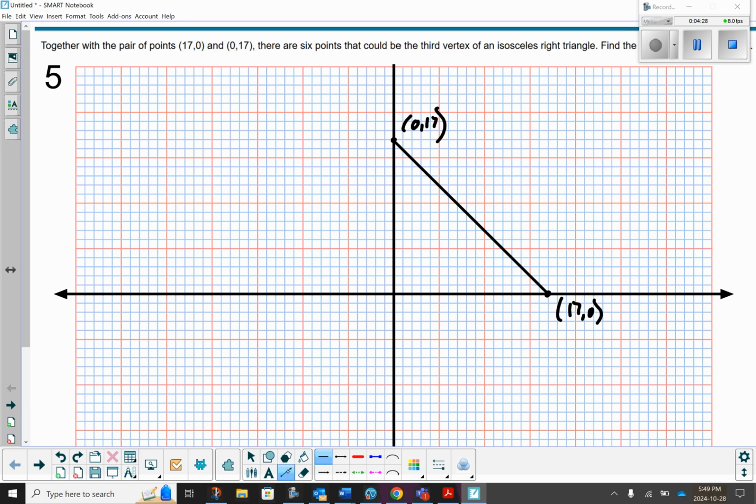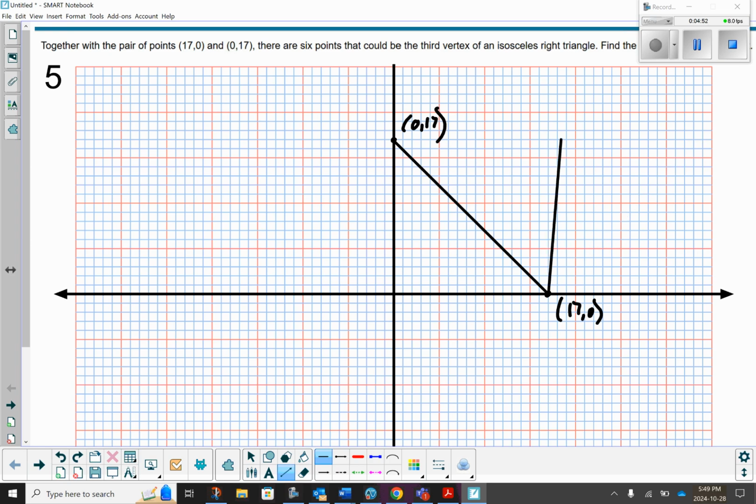Well, actually, when you stop and think about it that way, if I just went 17 spaces straight up, and then, oh, this isn't easy to count, 17 spaces, 17 further, oh, hold on.